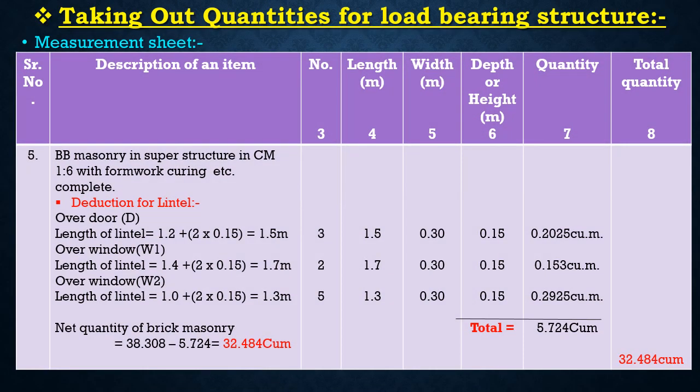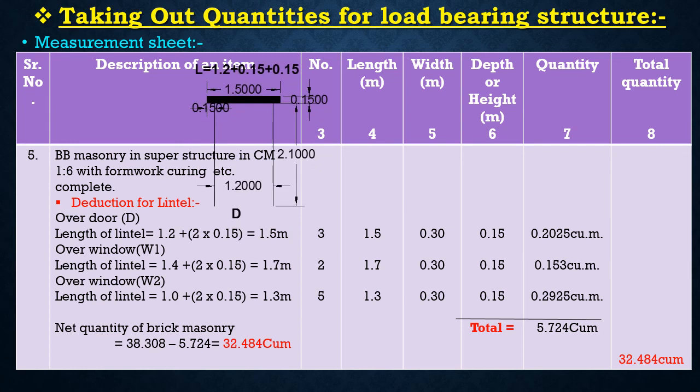Then deduction for lintel over door D. First we calculate the length of lintel. The length of door 1.2 meter plus add bearing of lintel. If not given, take it as the thickness of lintel, which is 0.15 meter. Then 1.2 meter plus for two side bearings add 2 into 0.15.